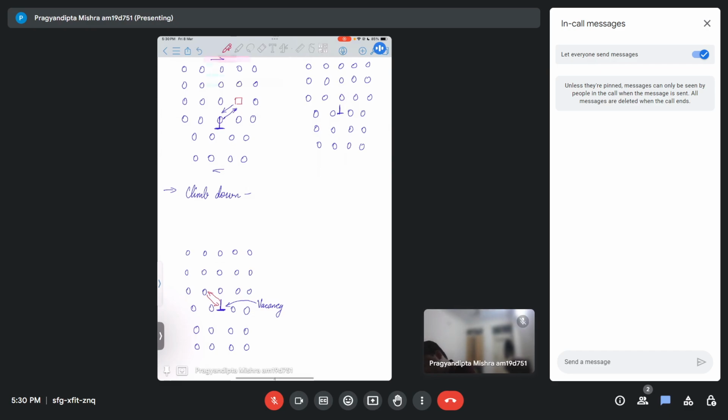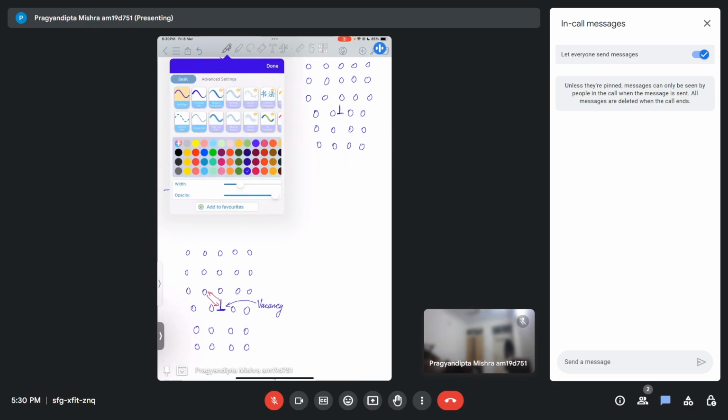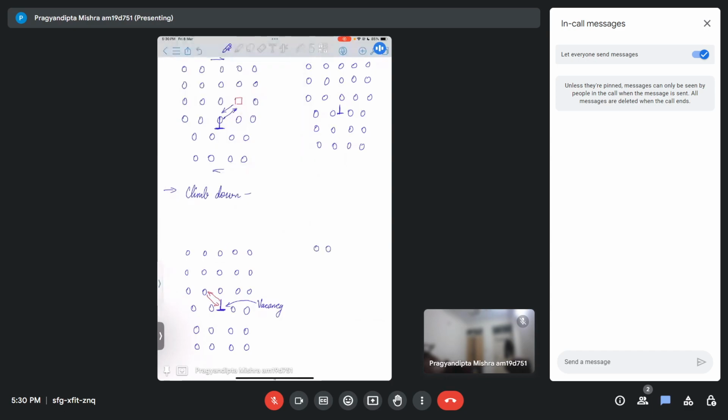So now the new structure will look something like this. First layer as it is, second layer as it is. In the third layer, now in place of that atom, I have a vacancy. Let me draw the vacancy with a different color.